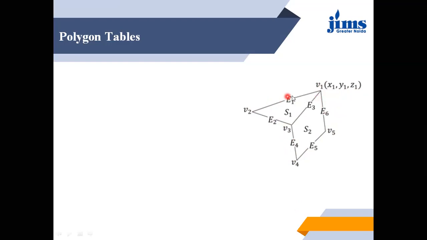This is one edge of this plane, this is the second edge of the same plane, and this is the third edge of this plane. And this edge is common in both planes. The edges are E3, E4, E5 and E6. These are the two surfaces, S1 and S2.